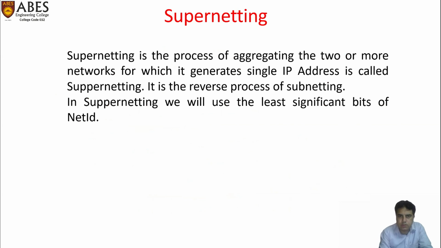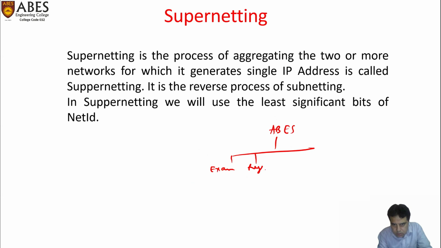Now the next topic is: what is supernetting? Supernetting is the process of aggregating two or more networks so that they generate a single IP. For example, we have divided the ABES network into 4 parts: examination, registrar, CCPD, and the fourth one is computer labs.